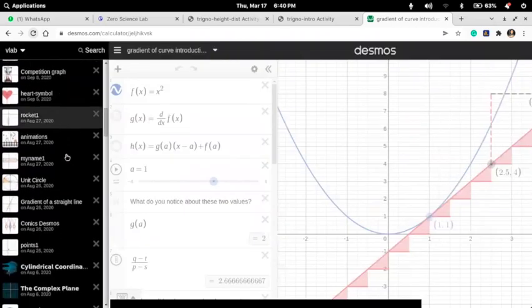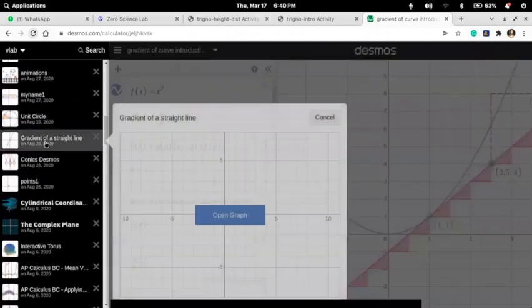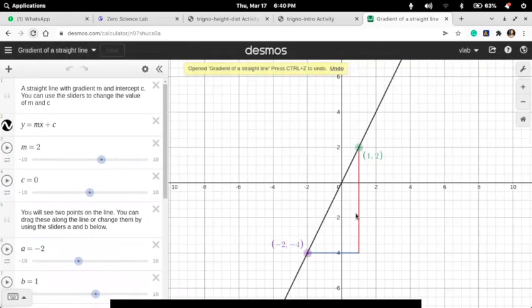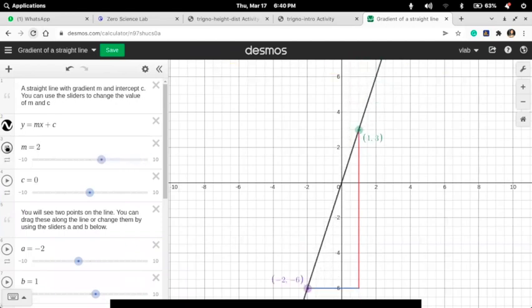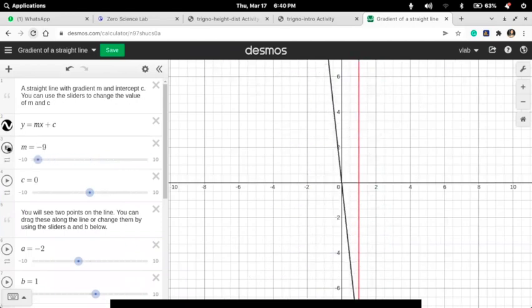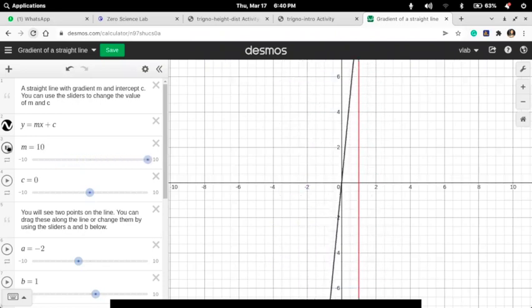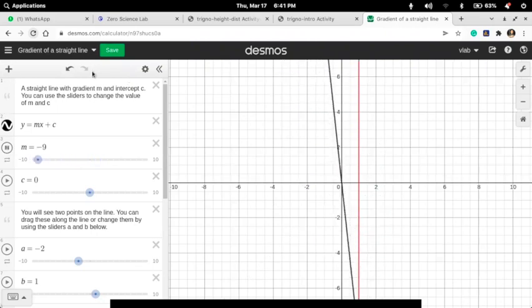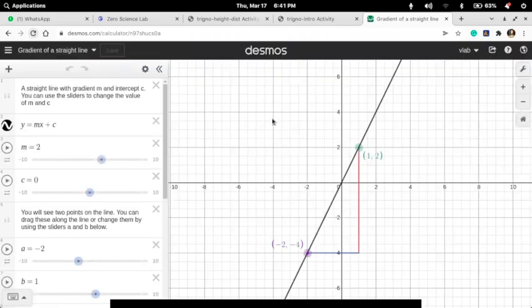Not this one. Gradients. Yes. So this is the line. This is the slope variation. How slope changes for the line. But it is for you to use such tools, right?